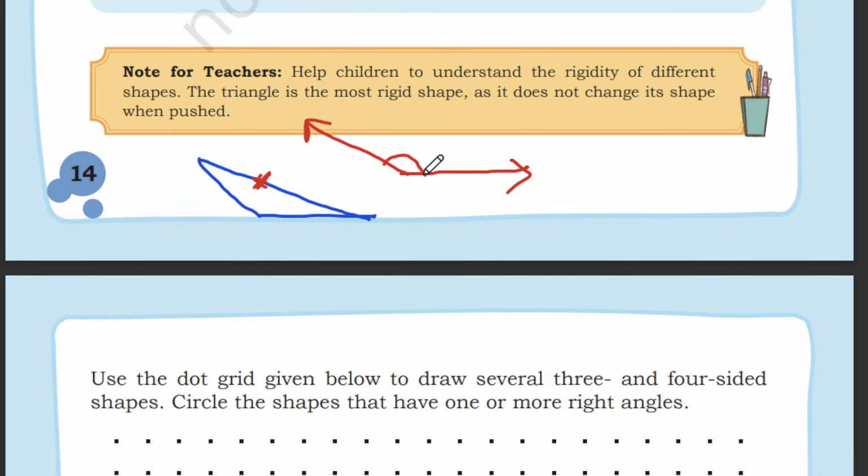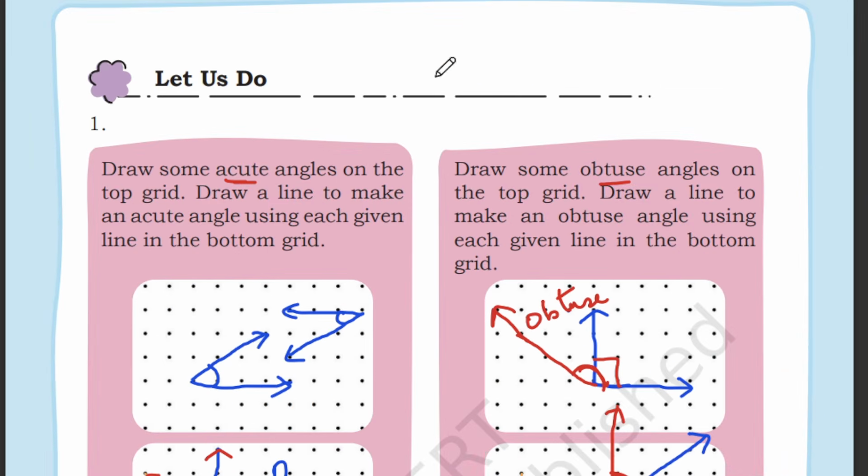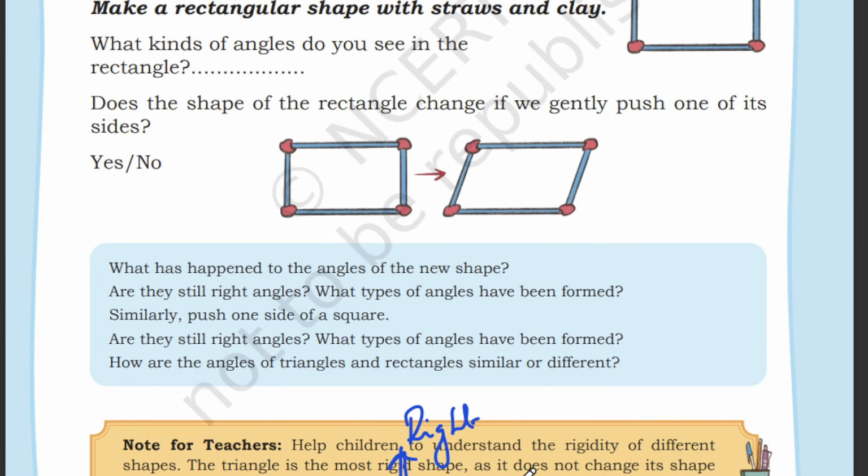And what angle is this? I'll draw a straight line to show you a right angle. So this one is a right angle. And this angle is more than a right angle. So more than a right angle is called what? It is an obtuse angle. So you will get an obtuse angle here.